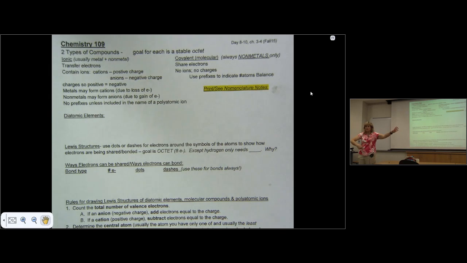These two, that's 4, 5, 6, 8. So are 8 around oxygen? Yes. So it achieved the octet by sharing electrons. So covalent molecules share electrons, ionic compounds transfer electrons. That is the huge difference, but the goal is an octet both ways.